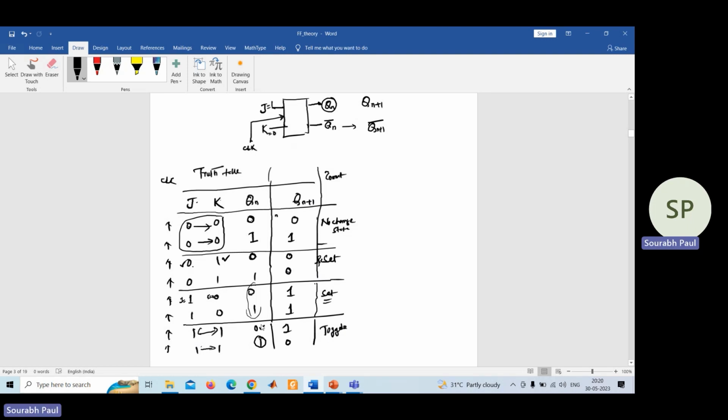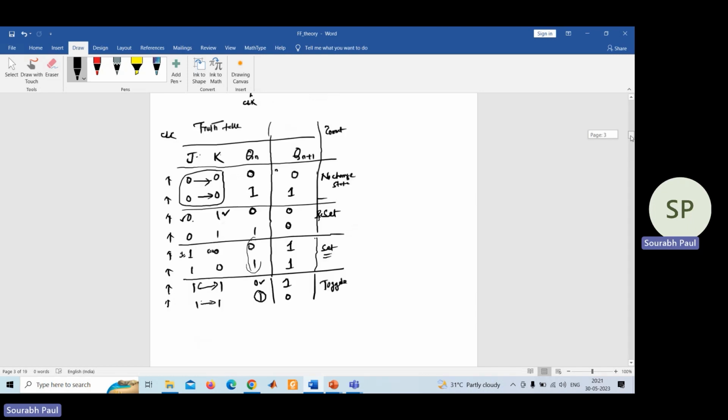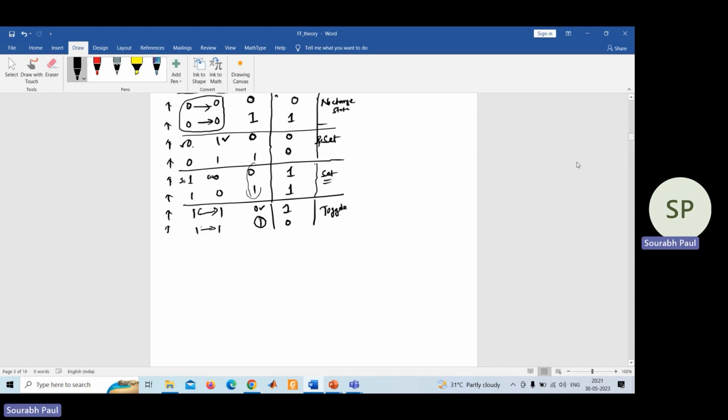Toggle means whatever output you currently have, after applying the clock you will get the inverse version of the output, when J equal to 1 and K equal to 1. So this is the truth table of JK flip-flop, and using this truth table, we can easily find out the characteristic equation. How? You have to use the K-map.